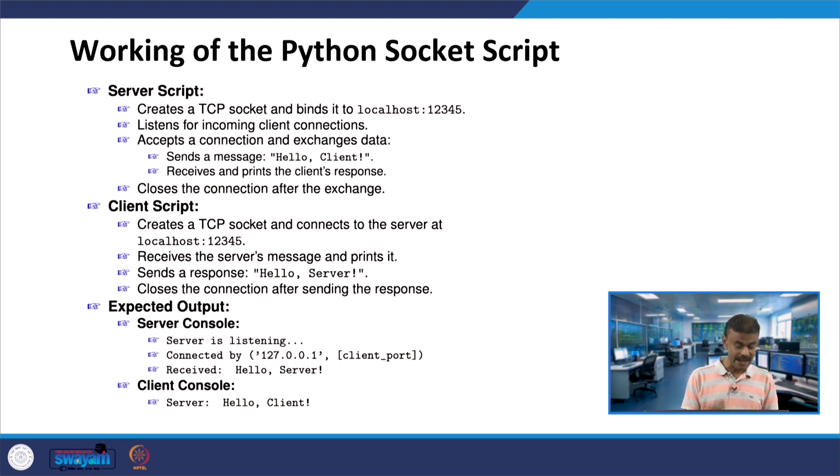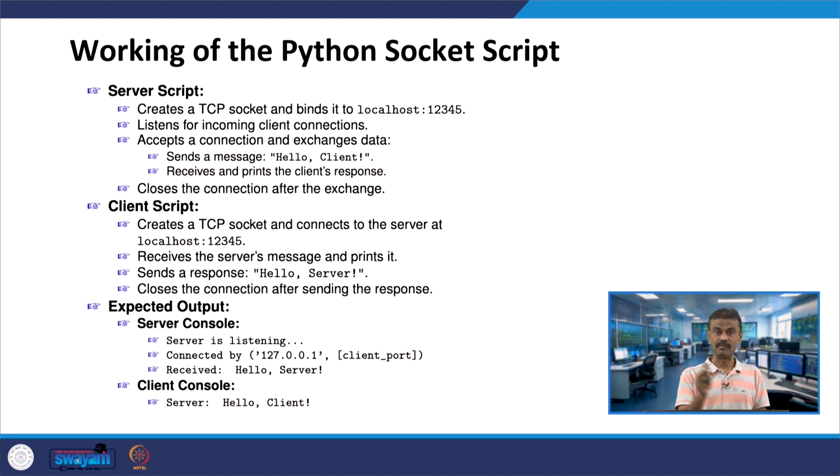When you go to the client script, because we had seen only one line as output, we ran the client script. The client script creates a TCP socket and connects to the server at localhost, receives the server's message and prints it, sends a response hello server, and closes the connection after sending the response.